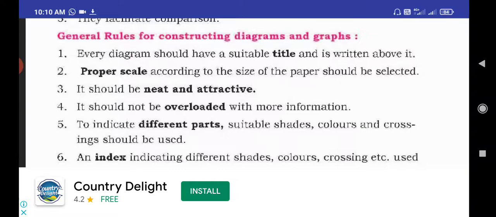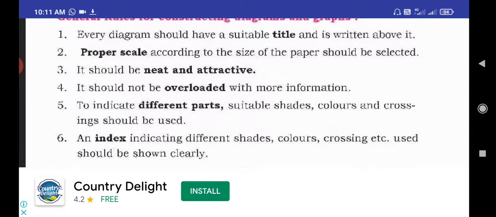Second one is proper scale: according to the size of the paper, the scale should be selected. After following a title, one more rule is we should use the proper scale according to the size of the paper. Next rule is it should be neat and attractive.